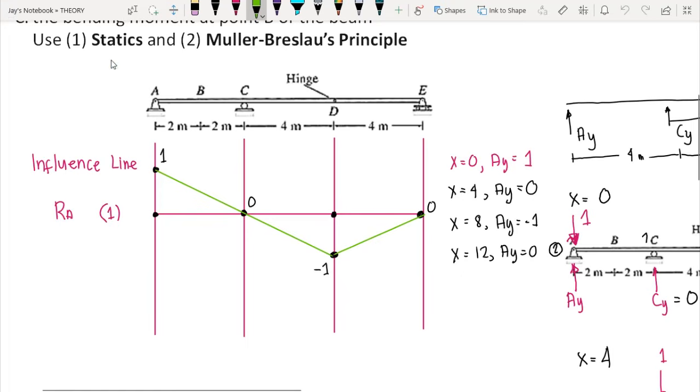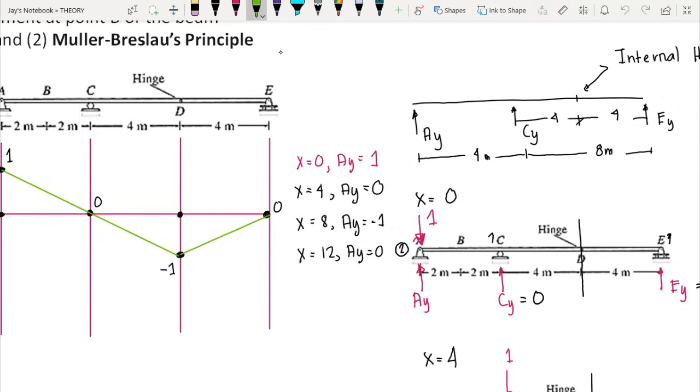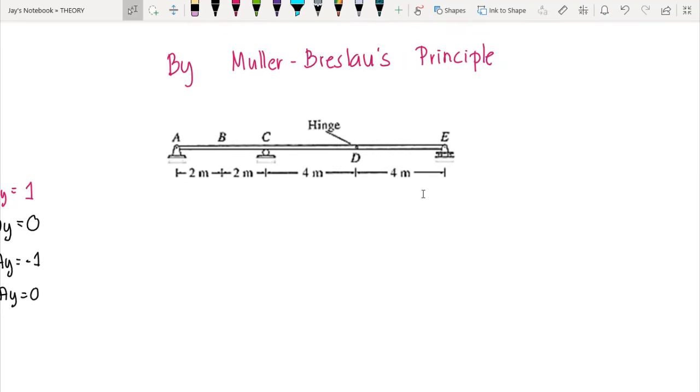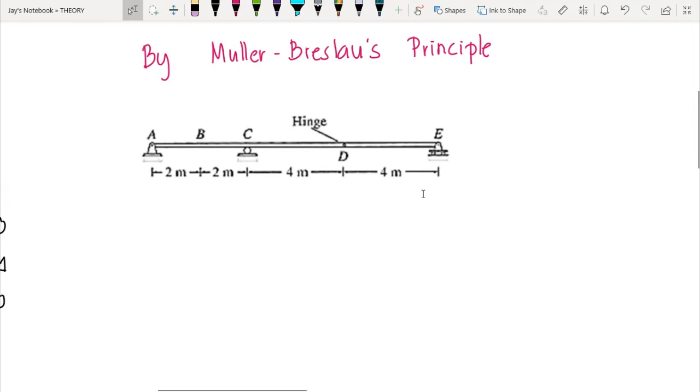Okay? Now, again, this is for our first method, which is through statics. But what if we use the Muller-Breslau principle? In the Muller-Breslau principle, we will not be using this long solution. The first step in drawing the influence line using the Muller-Breslau principle is to eliminate the support at the point where we want to draw the influence line.